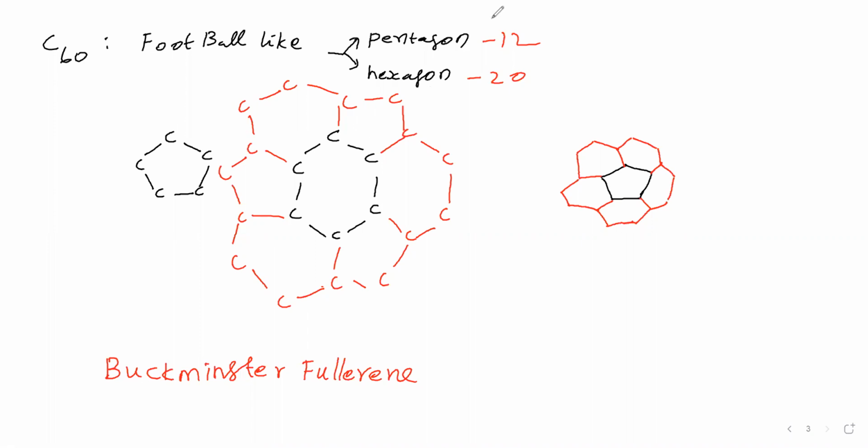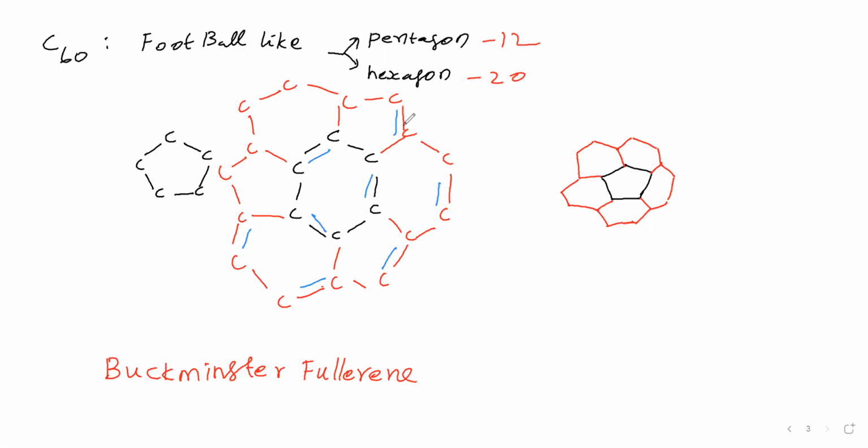Now how the pi electron cloud will be there, that we will see. Here pi bond. Next pi bond here. Next pi bond. Like that it will be there.